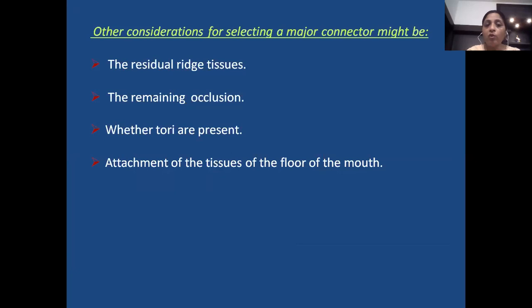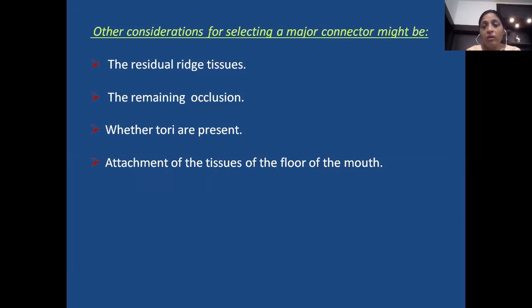Here I want to emphasize that if a torus is present on the hard palate or on the lingual vestibule, then we have to avoid the major connector which goes over these tori. We have to bypass the major tori.